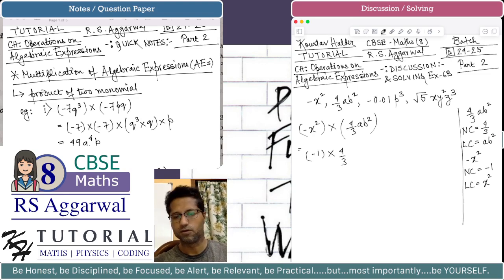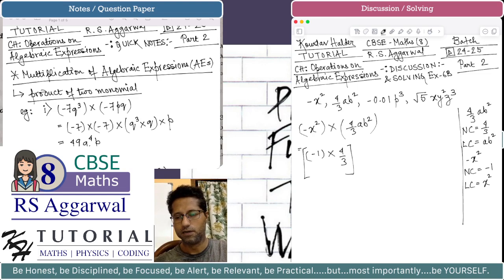So the product of the coefficients of the two terms will be the coefficient of the final product. The product of two monomials gives another monomial, or in other words, the product of two terms gives another term. So this will be the numerical coefficient of the final product.